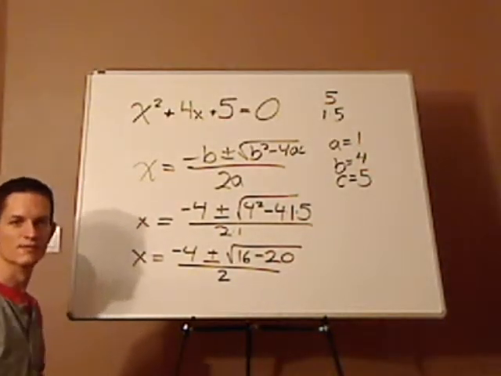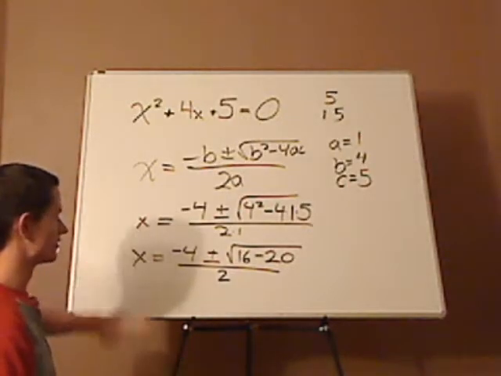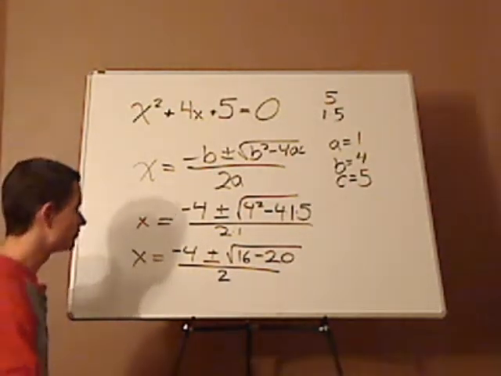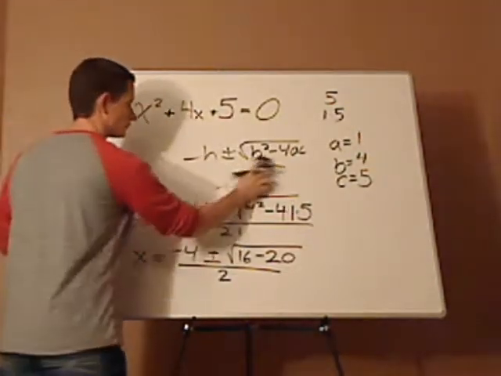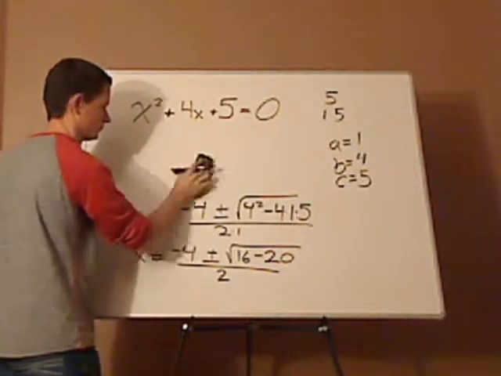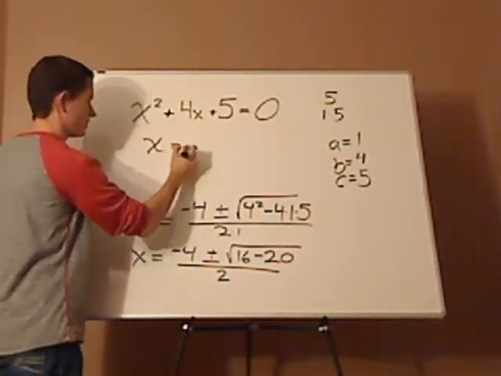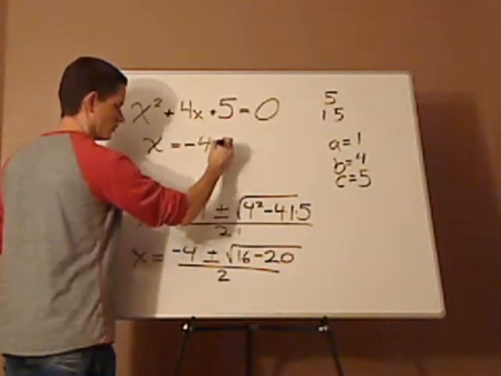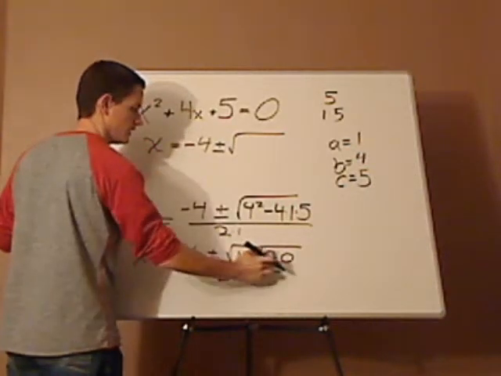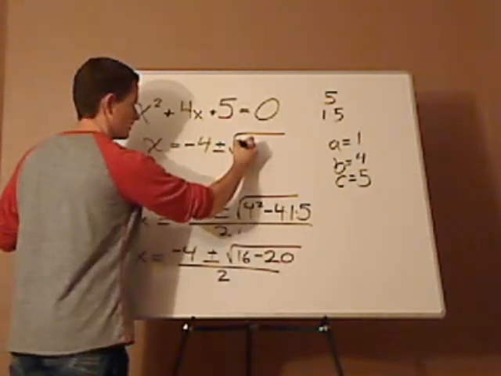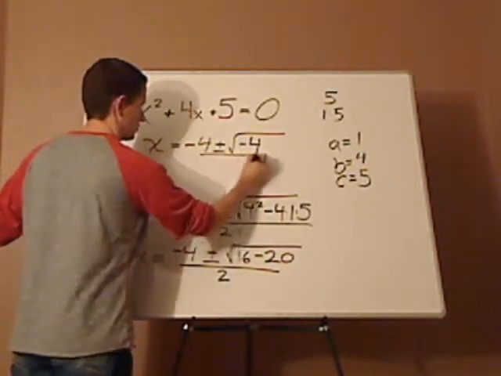Now I'm going to need more room, so you might want to pause the video and write this down. So this is x equals negative 4 plus or minus the square root of 16 minus 20, which is negative 4, all over 2.